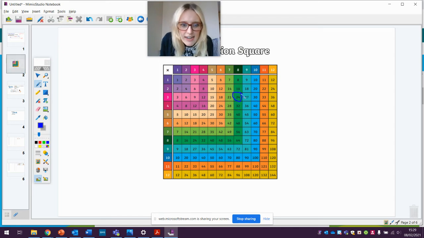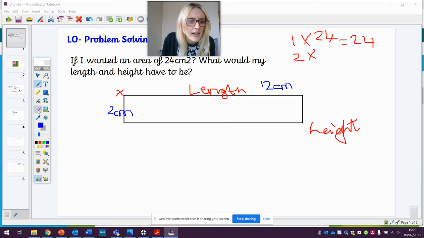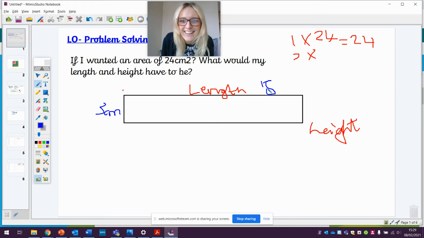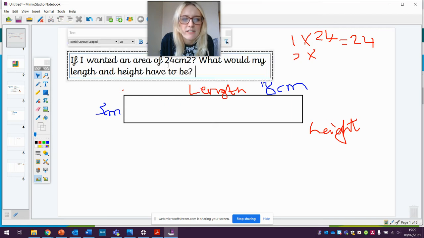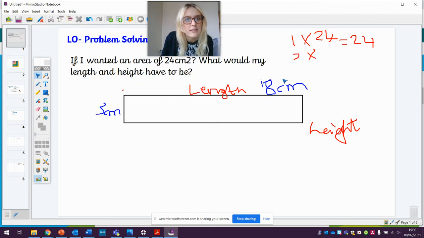It's in our 8 and our 3 times table as well. So we could say that this could be 3 centimetres and this could be 8 centimetres. So if we're problem solving and we want to try and find an area of 24, we can use our times tables. And you're going to use this in a little game a little bit later.